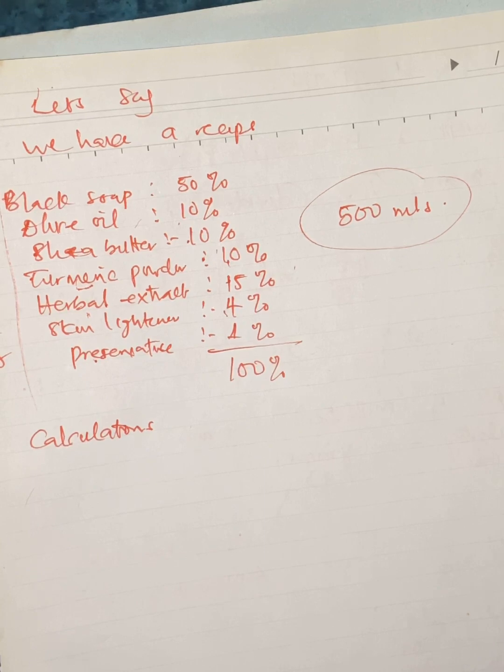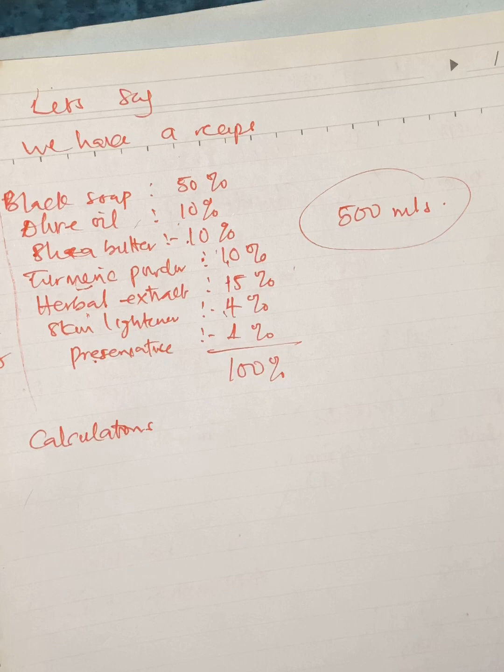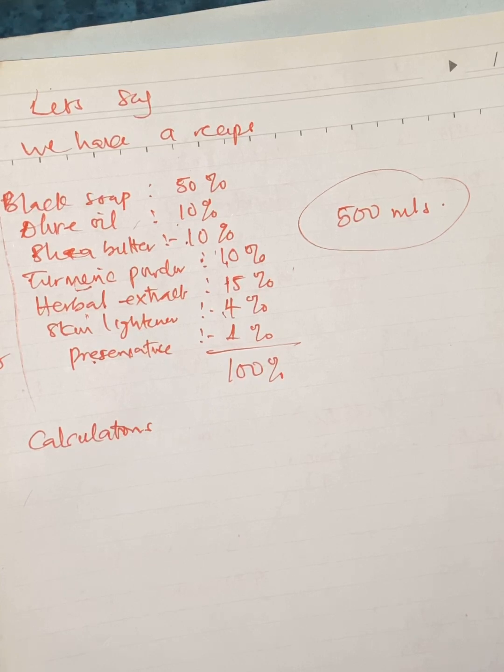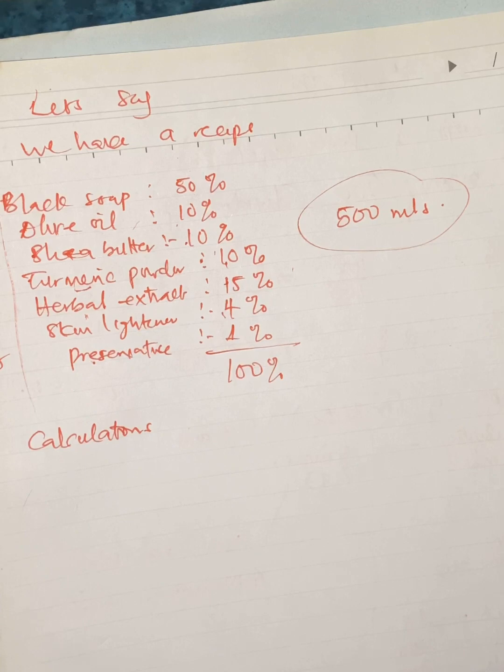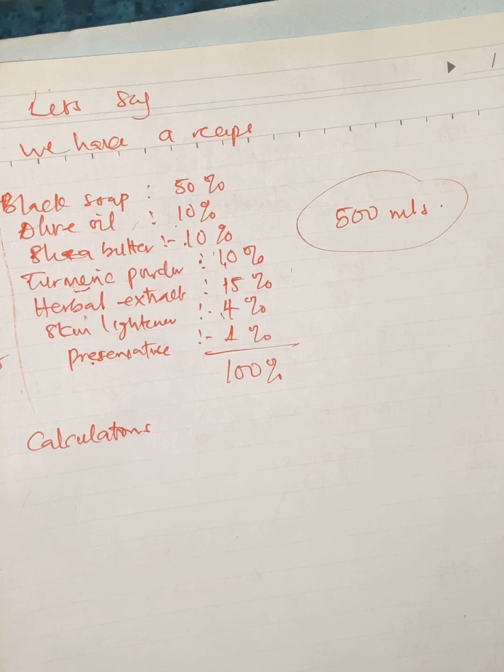If you have a recipe in percentage, you can use it to make even 10,000 of that product. But if you don't have the percentage, it will be very hard to calculate it for a larger amount of products. But if you have it in percentage, it will be way easier to make a large amount of products.